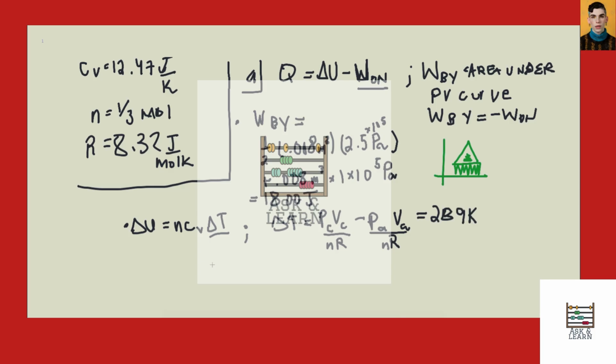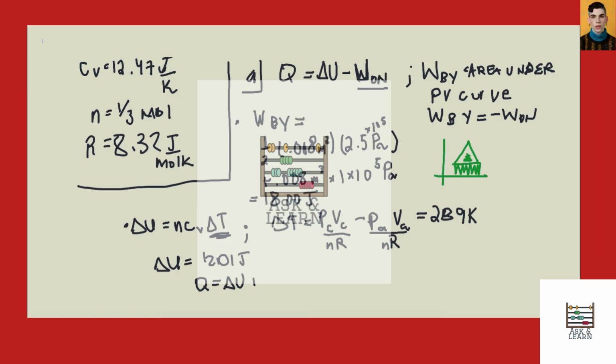And then if you plug that 289 in here, and you plug in your Cv, 1247, and n is 1/3, then you might get that delta U is equal to 1201 joules. And now we have all the ingredients that we need to get Q. So that's delta U plus the work done by the gas.